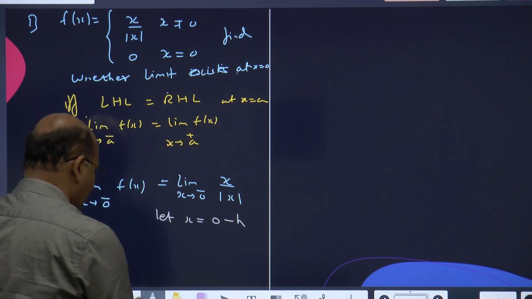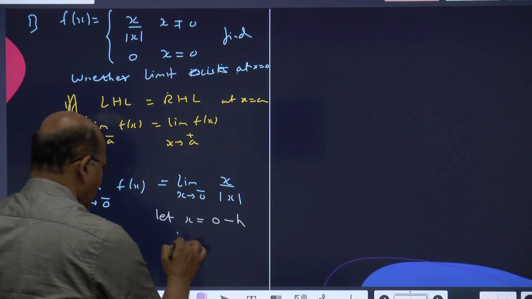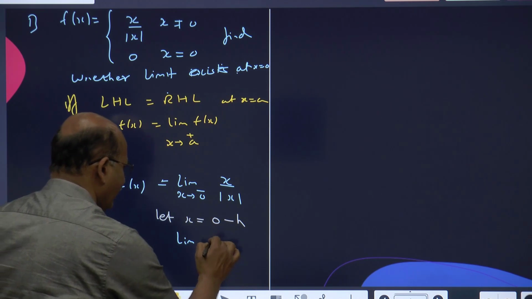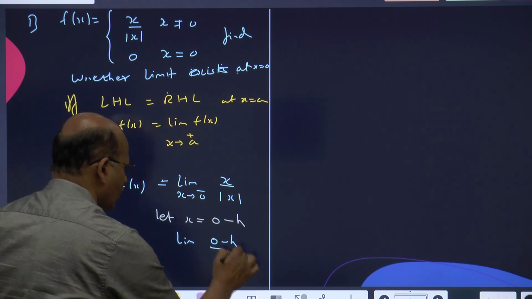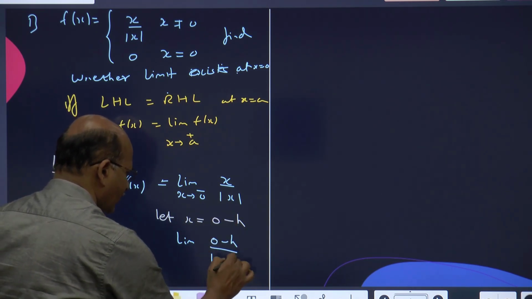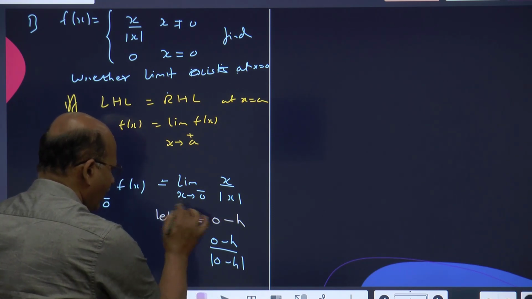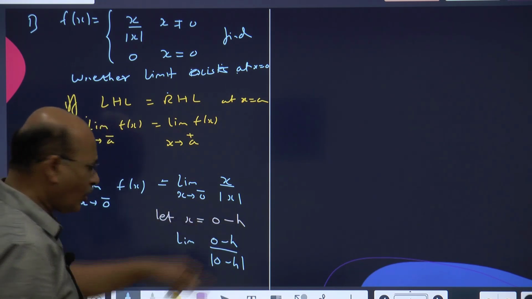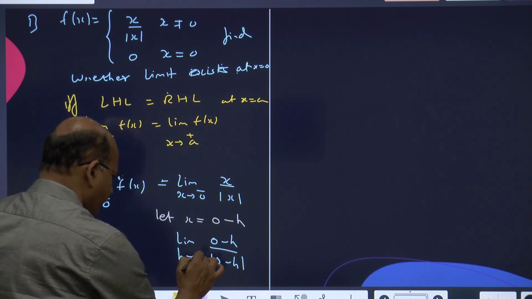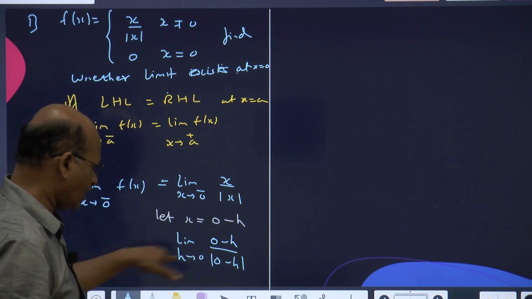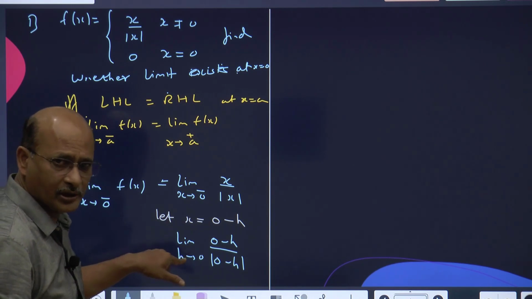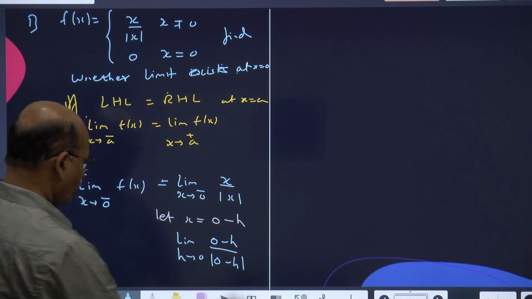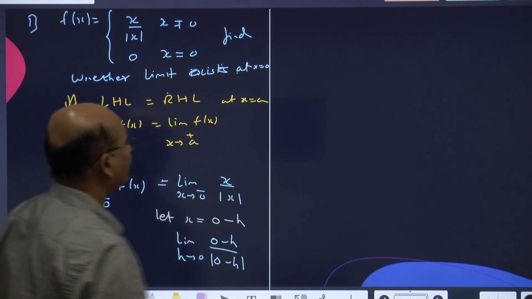So let us say the limit of 0 minus h upon modulus of 0 minus h. Now remember, x is tending to 0. So if x becomes 0, h will automatically become 0, because once h comes in the picture, this has to be h only. Keep that in mind.